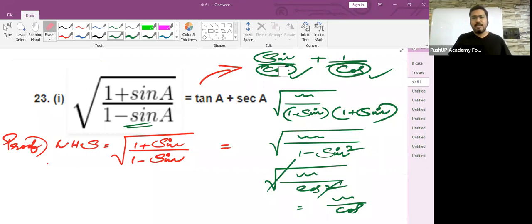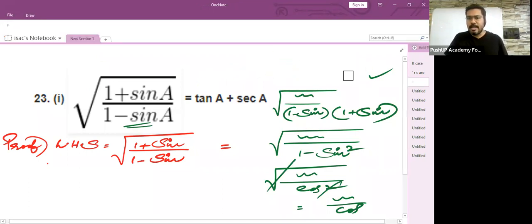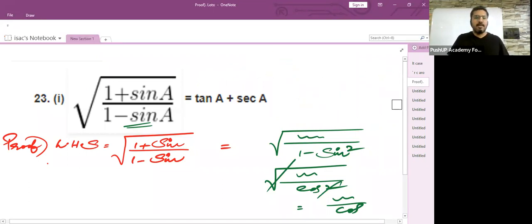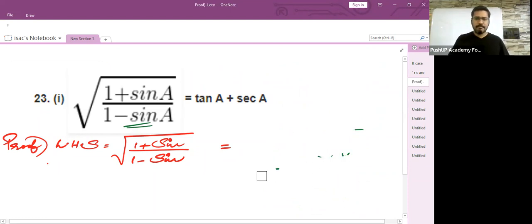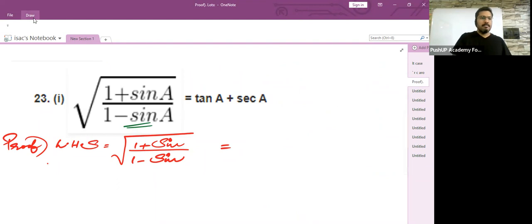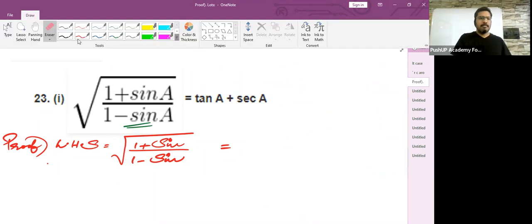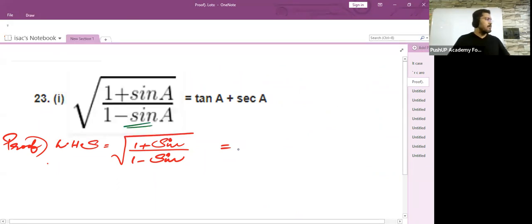So let us start doing the sum. Now we got an idea that we have to multiply the denominator with 1 plus sine, isn't it? We'll start. Ready? Completed. Very good.